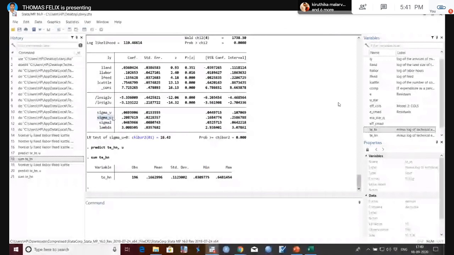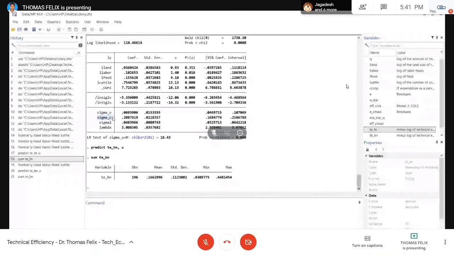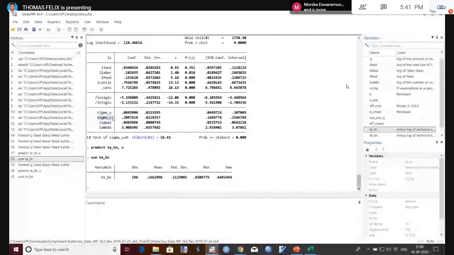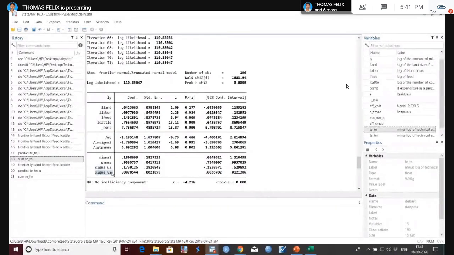On the other hand, we can also verify that usually the sigma u value should be greater than the sigma v value. Only then is there a presence of inefficiency, and the changes in the output are due to inefficiency.